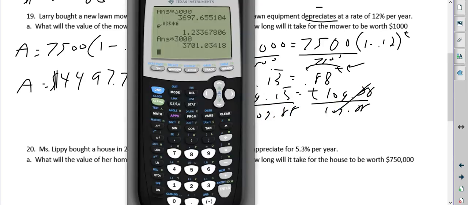So we're going to type this in the calculator. Log. Now, you can type in 0.13 with a bunch of 3s, okay? I'm just going to type in the actual number that we did, the 1,000, and let it do the math and not worry about the repeating decimal. So log of that divided by log of 0.88.